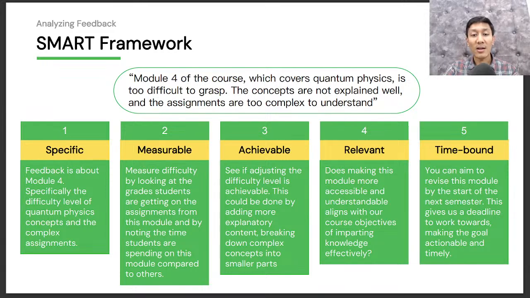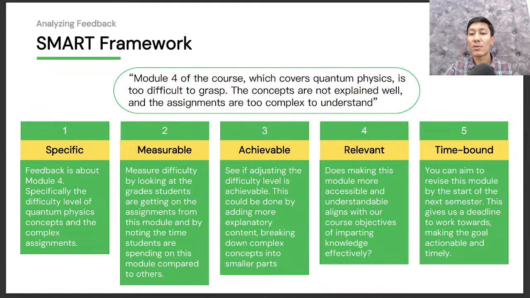This could be done by adding more explanatory content if you want to change, obviously. If you don't want to change your assignments, and if you think it is not achievable, then you can let it be. But that's a decision which will come on your part as to whether it is achievable to make those changes that are suggested in the feedback or not, right?